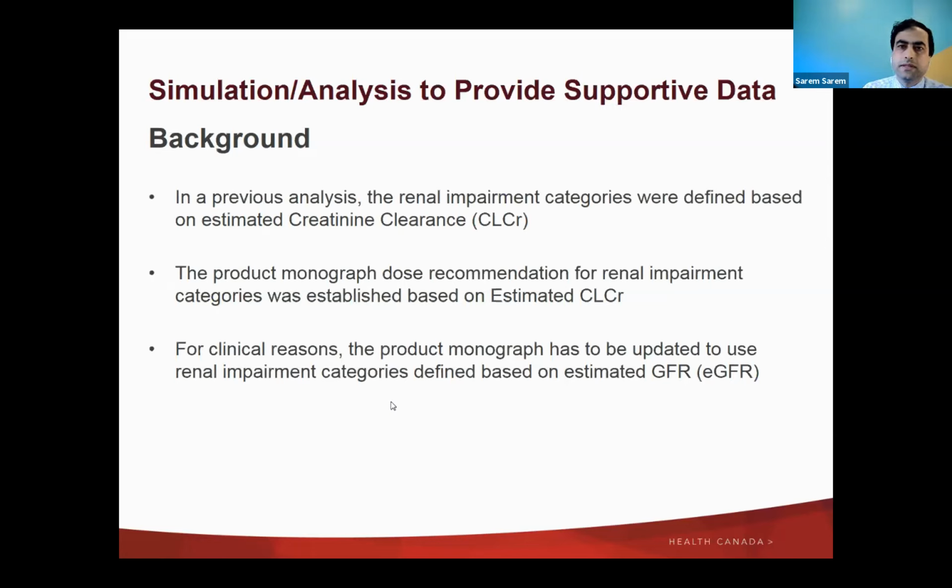However, for clinical reasons, in the development of clinical practice, the use of eGFR was established to be more relevant for clinical practice. So there was a need to update the product monograph to include recommendations based on eGFR.